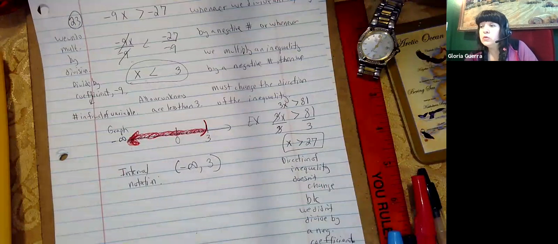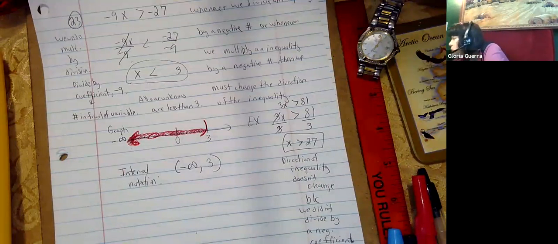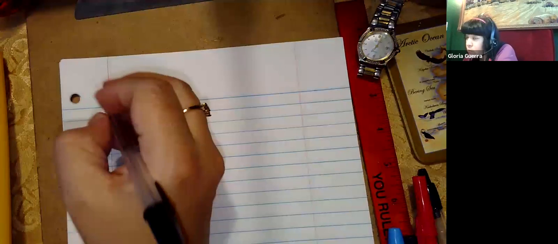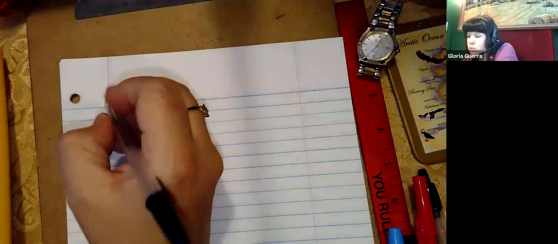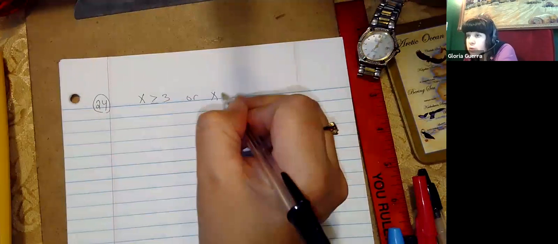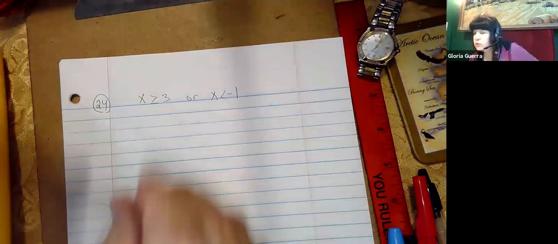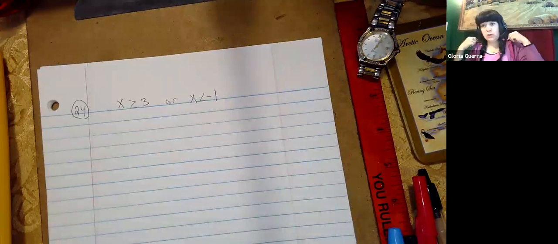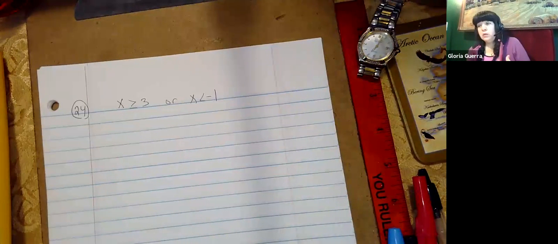Okay, then 24. X is greater than or equal to 3, or X is less than -1. Okay, so it says solve the compound inequality.